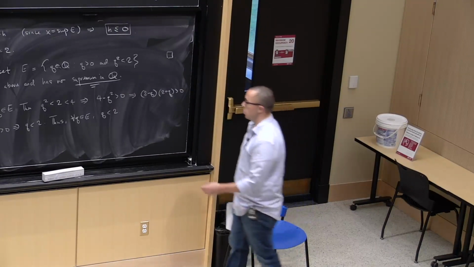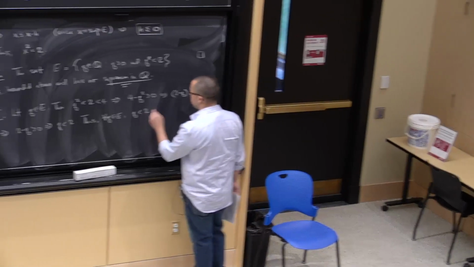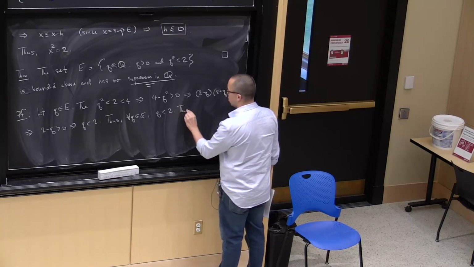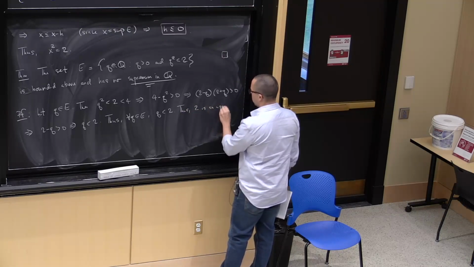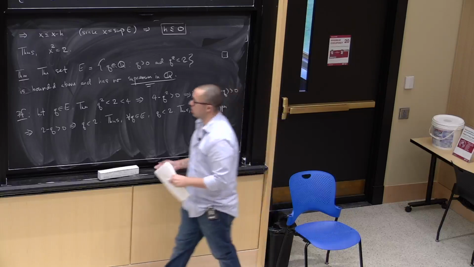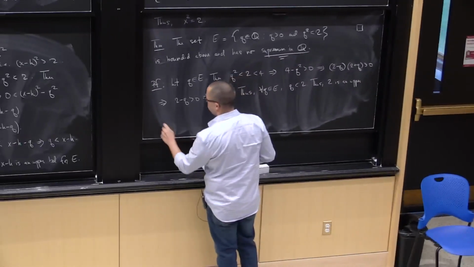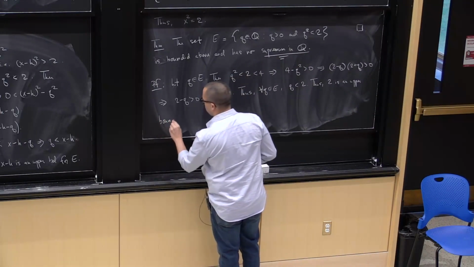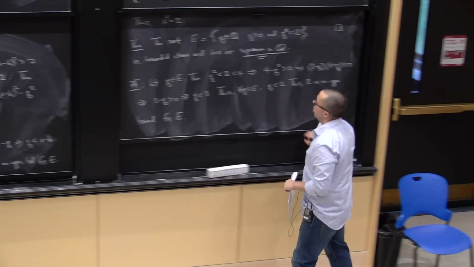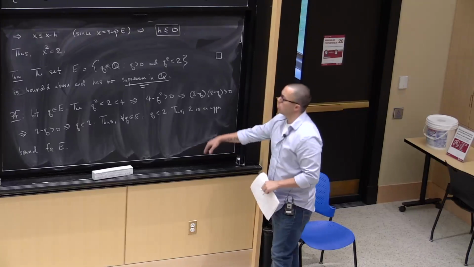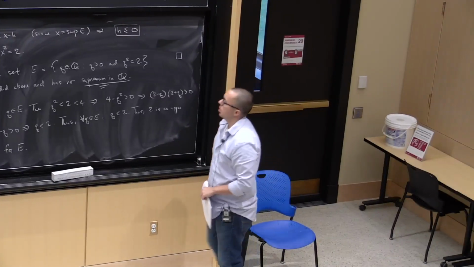Okay? So 2 is an upper bound for the set E. So that proves that the set E is bounded above.